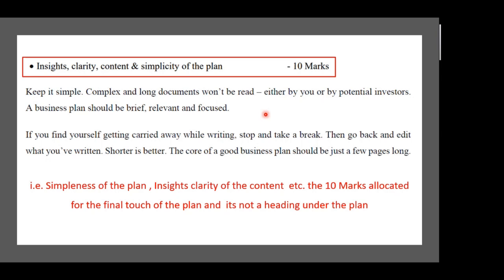When we see this as a topic, we understand the student has not taken the real picture of the points or the content. So make sure that you don't include this as a topic, because these 10 marks are allocated for the final appearance, clarity, and simplicity of your plan, or the final glory of your report.